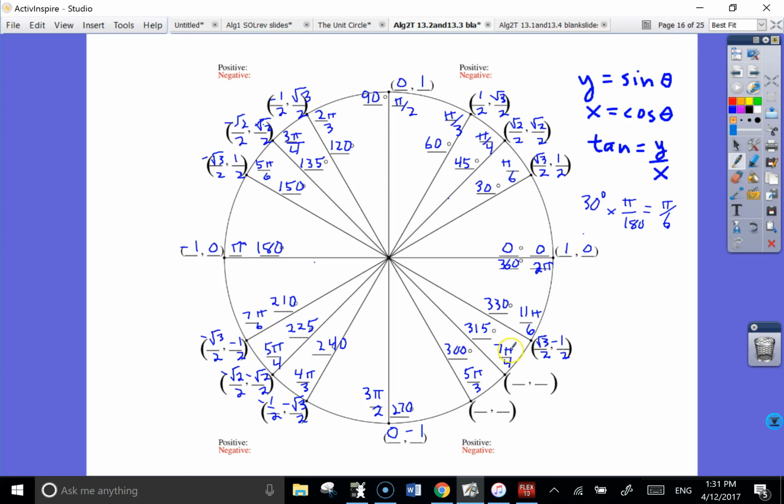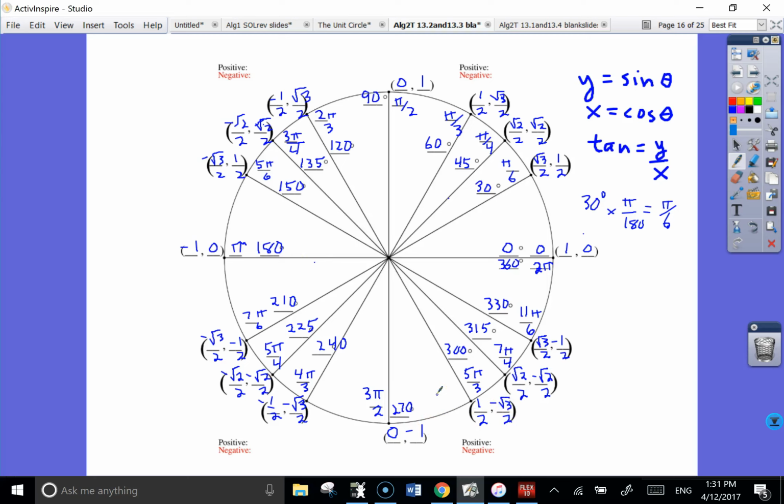And then in the fourth quadrant, right, start at 0. 0 for the x-coordinate. 0, positive 1/2, positive root 2 over 2, positive root 3 over 2, and 1. 0, negative 1/2, negative root 2 over 2, and negative root 3 over 2, negative 1. So that's the entire unit circle.